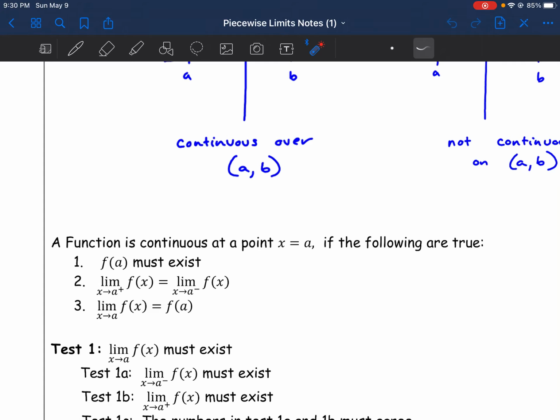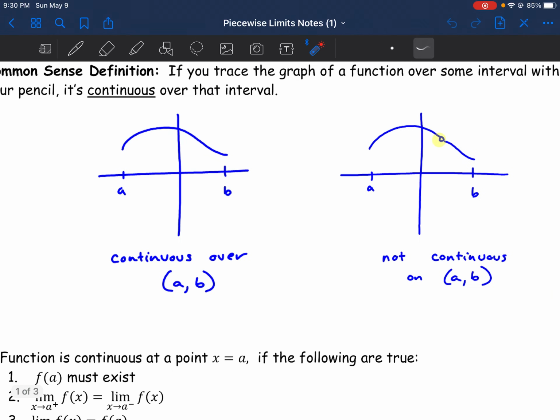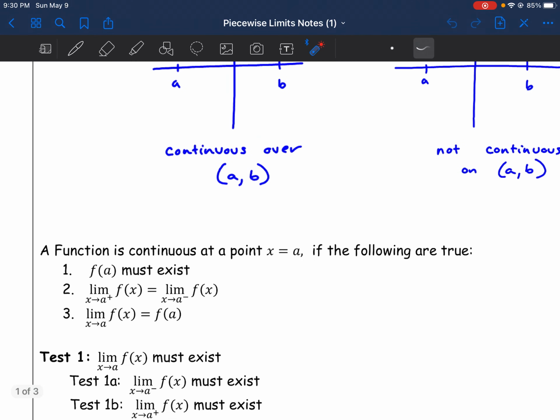And that means that the limit as x approaches a of the function must also be equal to the function value at a. And that kind of would guarantee you this kind of a situation right here. Okay? So let me repeat that one more time. The function value at a must exist, the limit at a must exist, and the limit and the function value must be equal to each other for a function to be continuous at a point x equals a.